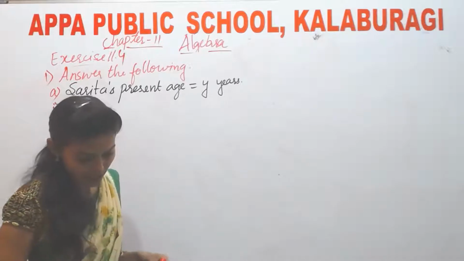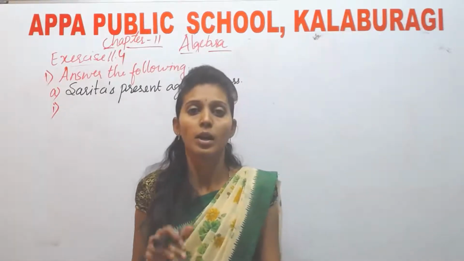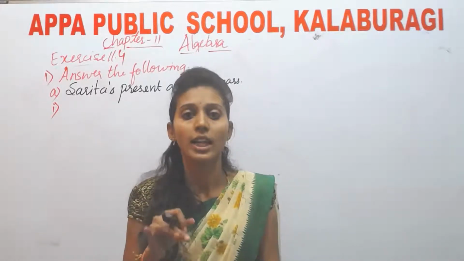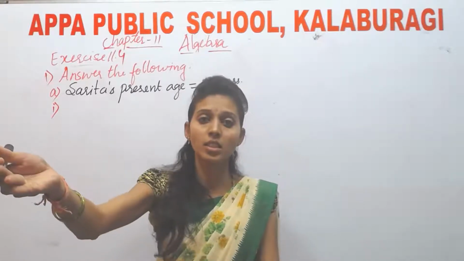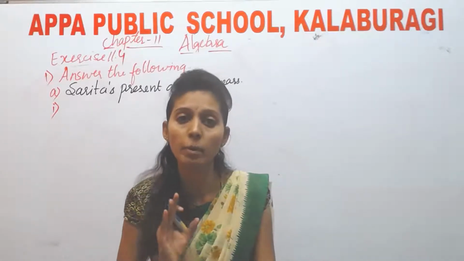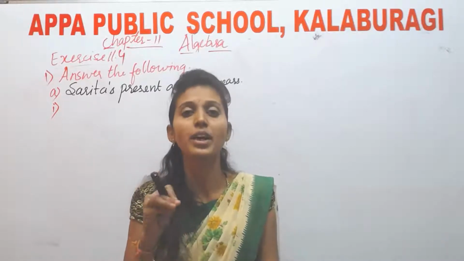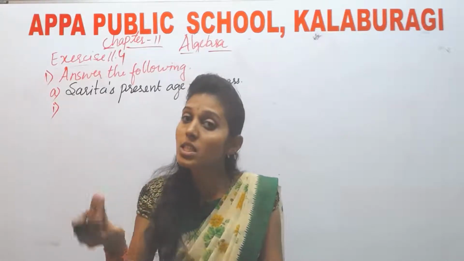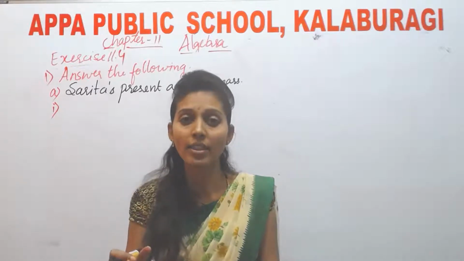Next. First one, the question. What will be her age after 5 years from now? For example, if you are 11 years old now, then after 5 years, how many years old will you be? That's the question. After 5 years, you will be 16 years old, right? Then what operation did you do there?